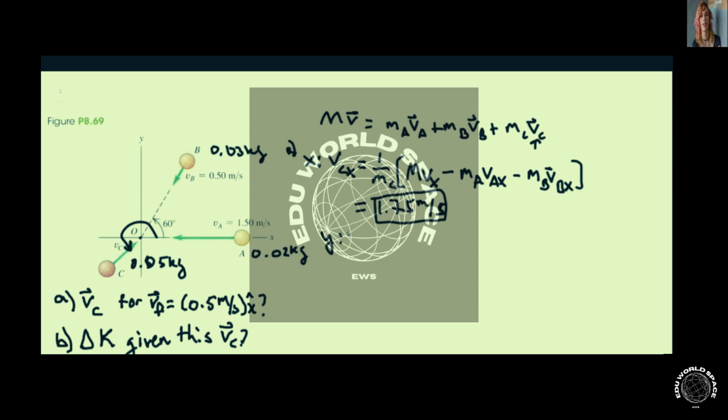And then this is going to look pretty much the same, except with y's everywhere. So now M, big M, Vy minus MA VAy. Now, A is not moving at all in the y direction.